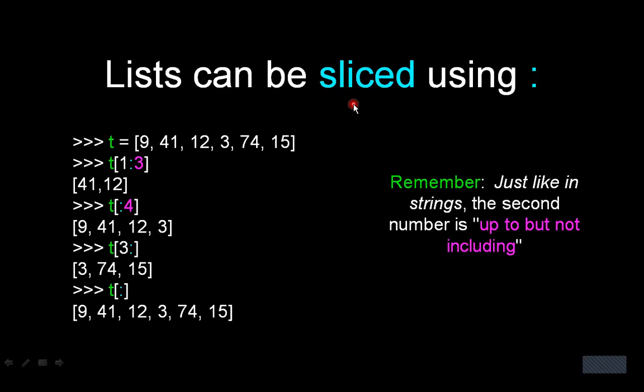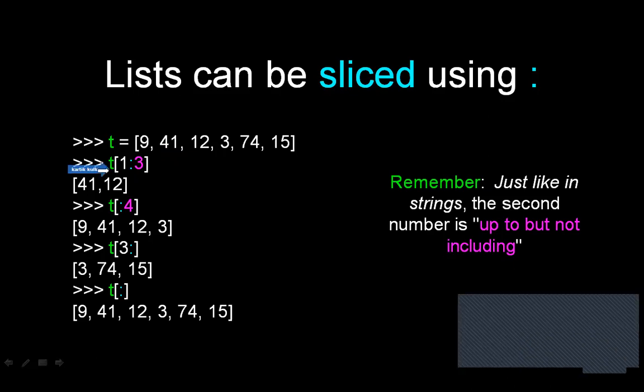How can I do that? Here T is the name of the list, and in the square bracket we specify the index numbers. First we specify the starting index number, that is 1, and then the end index number, that is 3.